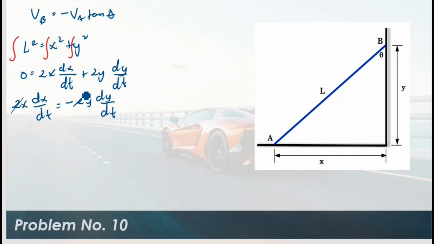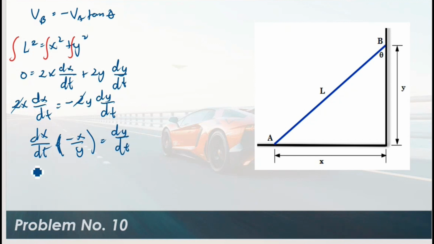Now let's simplify in terms of dx over dt. dx over dt is equal to negative y over x multiplied by dy over dt, or we have dy over dt equal to negative x over y multiplied by dx over dt.